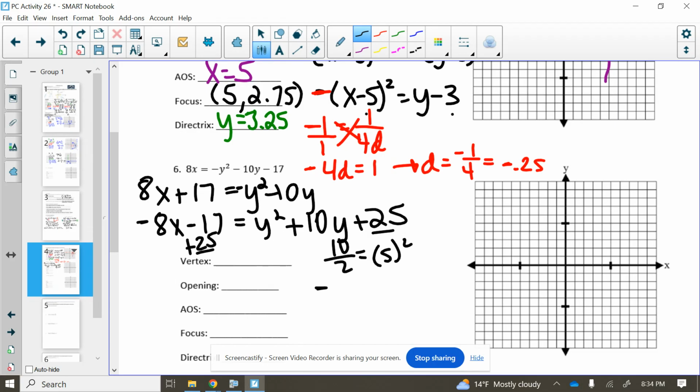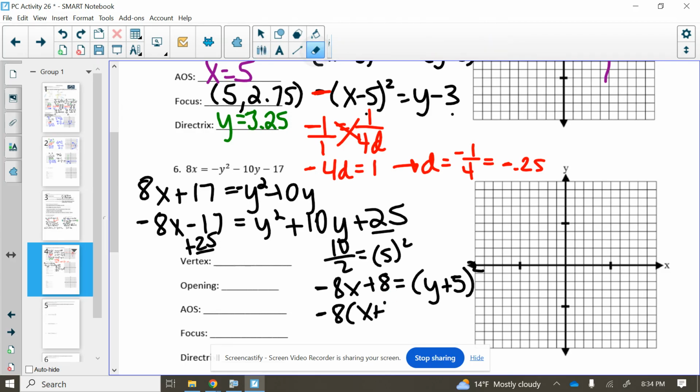So on the left-hand side, we would have negative 8x, negative 17 plus 25 is positive 8. On the right-hand side, after we factor, we would end up with y plus 5 quantity squared. Over here, if we factor out that negative 8, we are actually going to be left with x minus 1 on the inside.